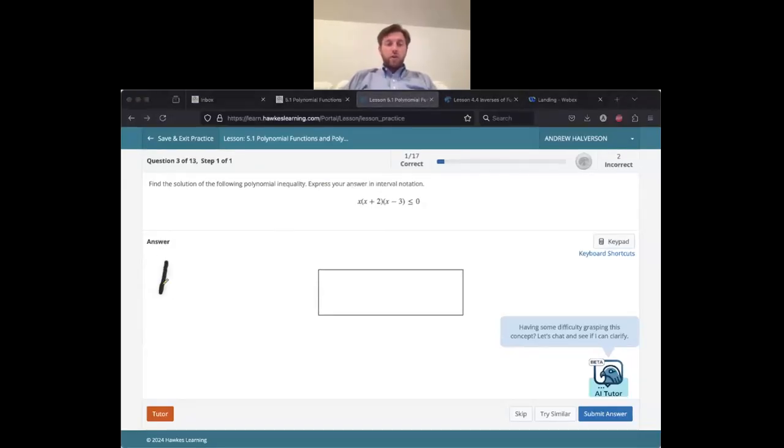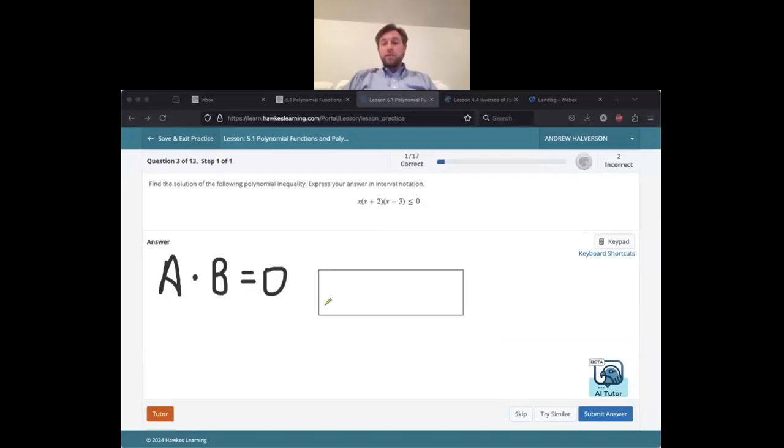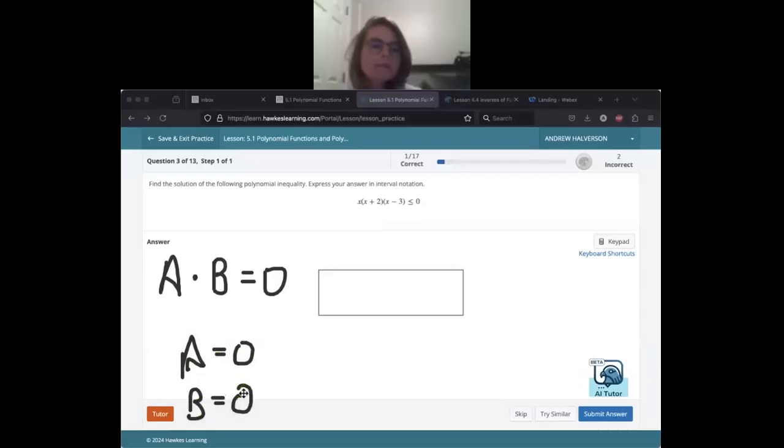We were solving quadratic equations and we said, if you have two numbers that multiply with each other to give 0, what do you know about A or B? One of them has to be 0. That is exactly right. Either A or B or both. They both could be 0.